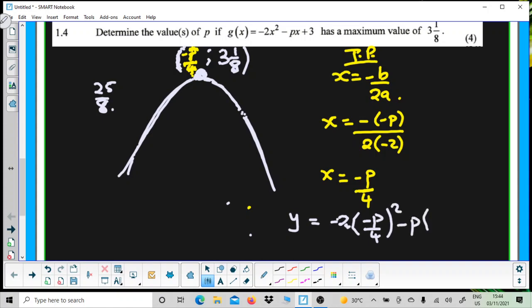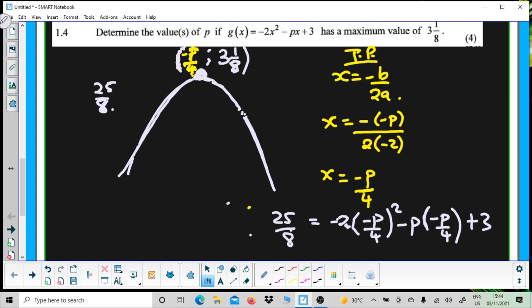In place of x, I'm going to put minus p over 4. I'm substituting the value of x so that I can get the value of y. But in this situation, don't I know the value of y? What is the value of y? 25 over 8. So I'm going to remove this y now, and I'm going to put the 25 over 8.